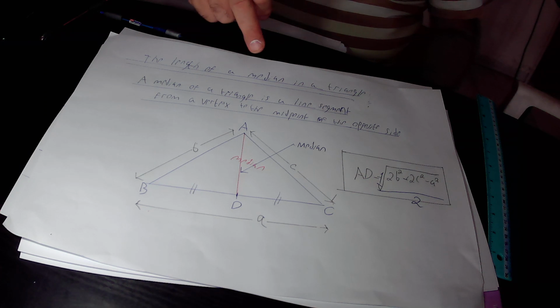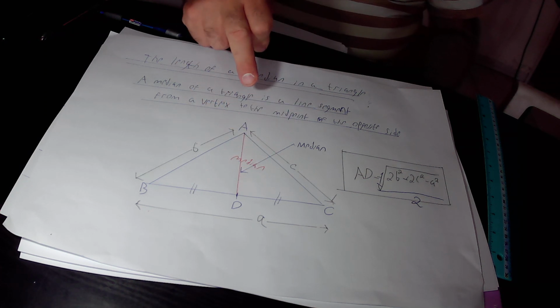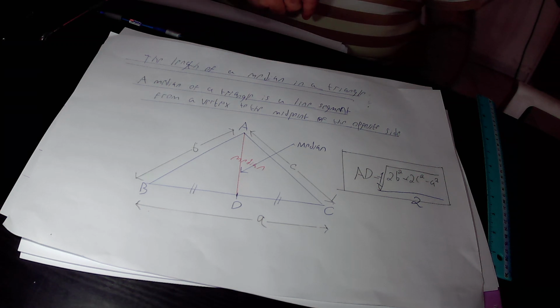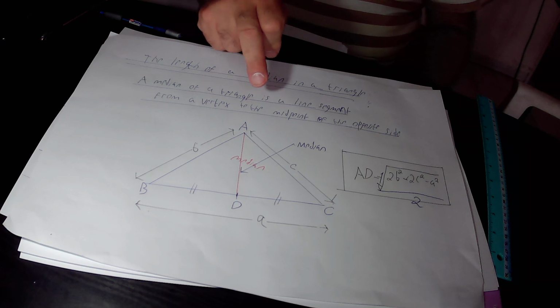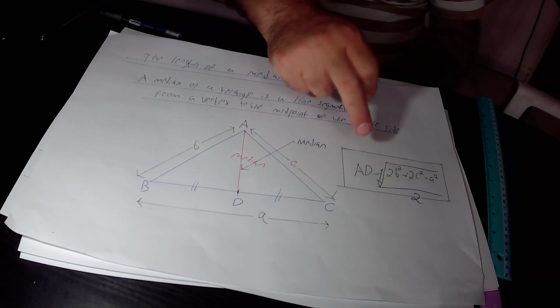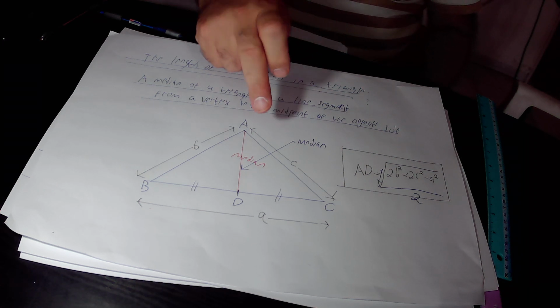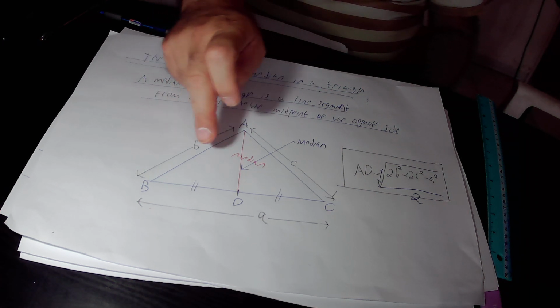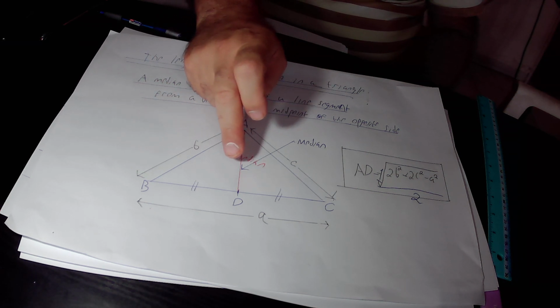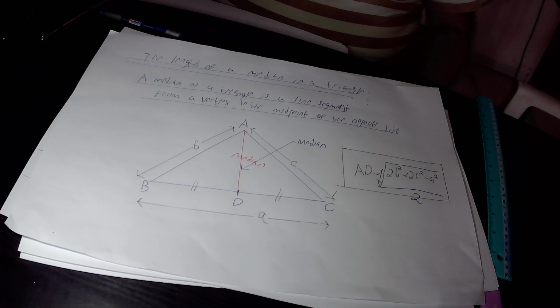And line segment AD, the red line AD, is the median of this triangle ABC. The median AD exits from the vertex A and bisects the opposite side BC. That is to say, the median AD divides side BC into two halves. The first half is BD and the second half is DC.